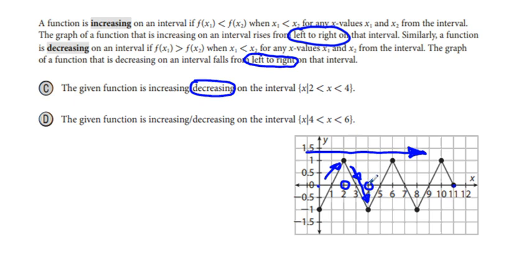D, the given function is increasing or decreasing on the interval from 4 to 6. Here we have x equals 4 to x equals 6, and over that interval, we are going up. So the function is increasing.